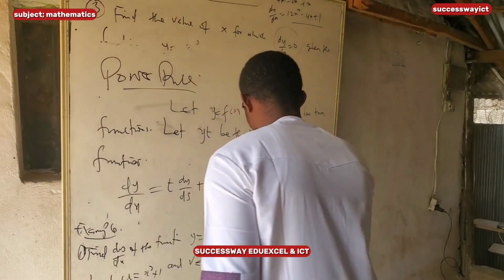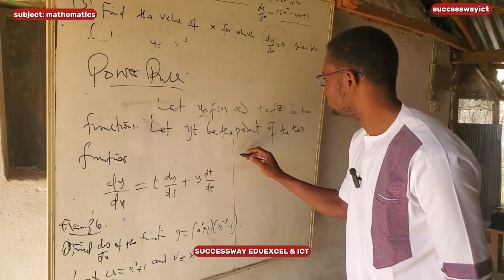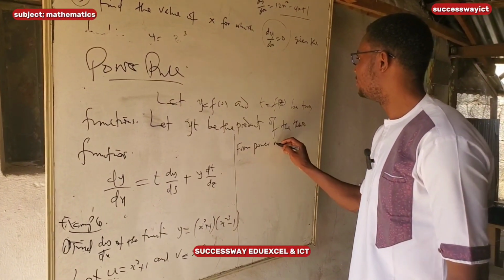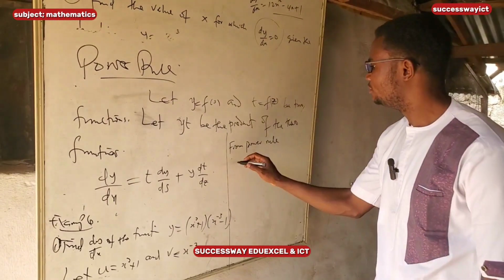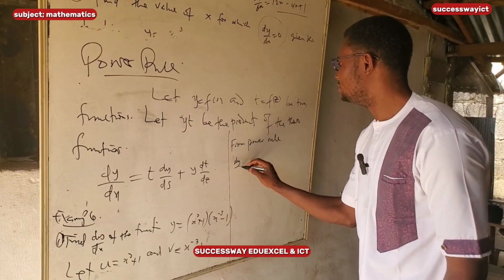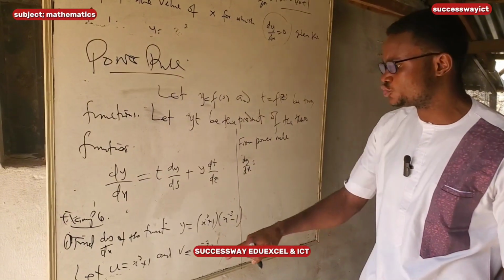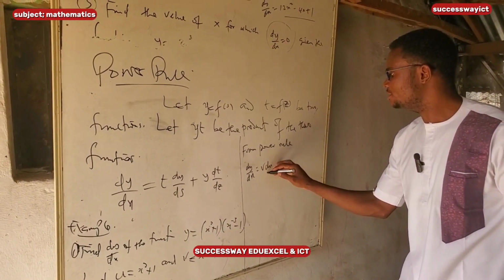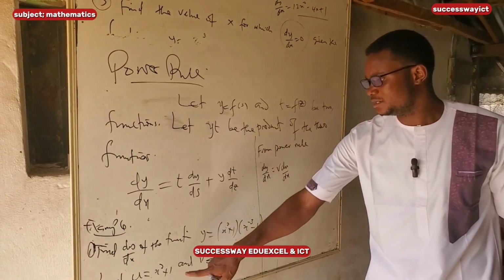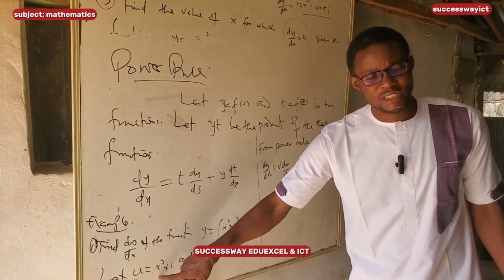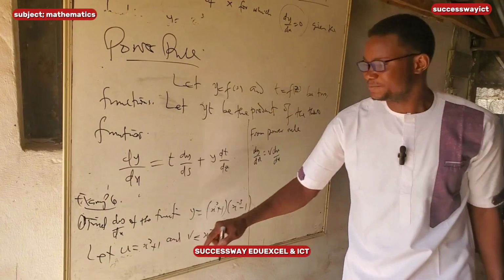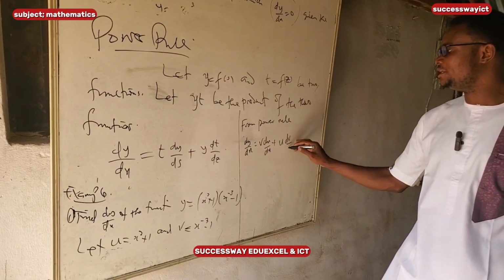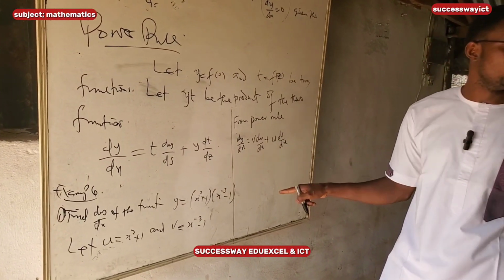Now applying from power rule, you have dy/dx equal to v du/dx plus u dv/dx. This is the power rule.